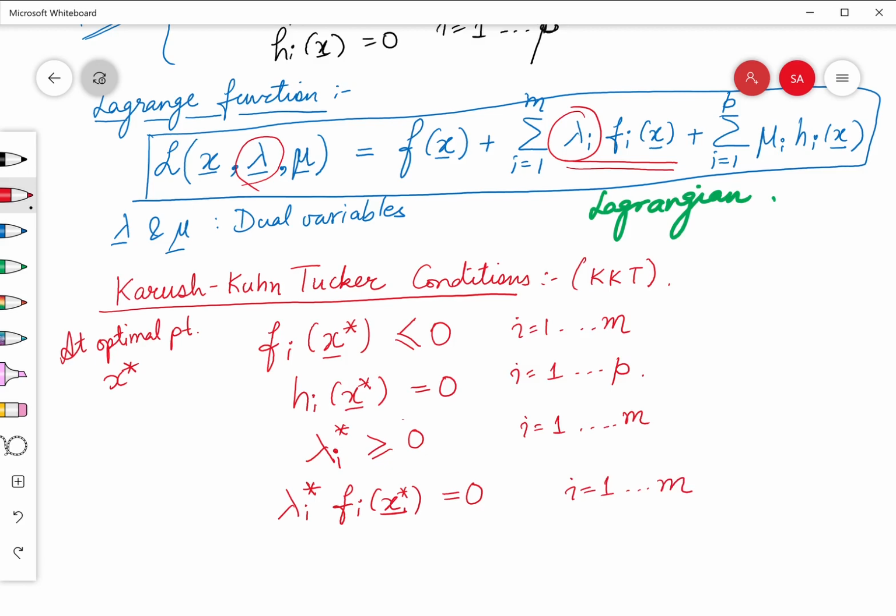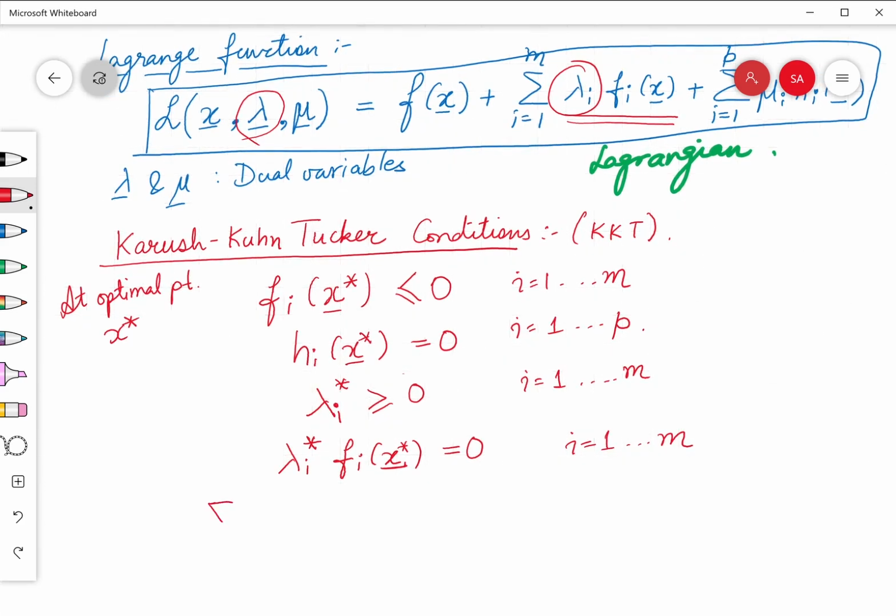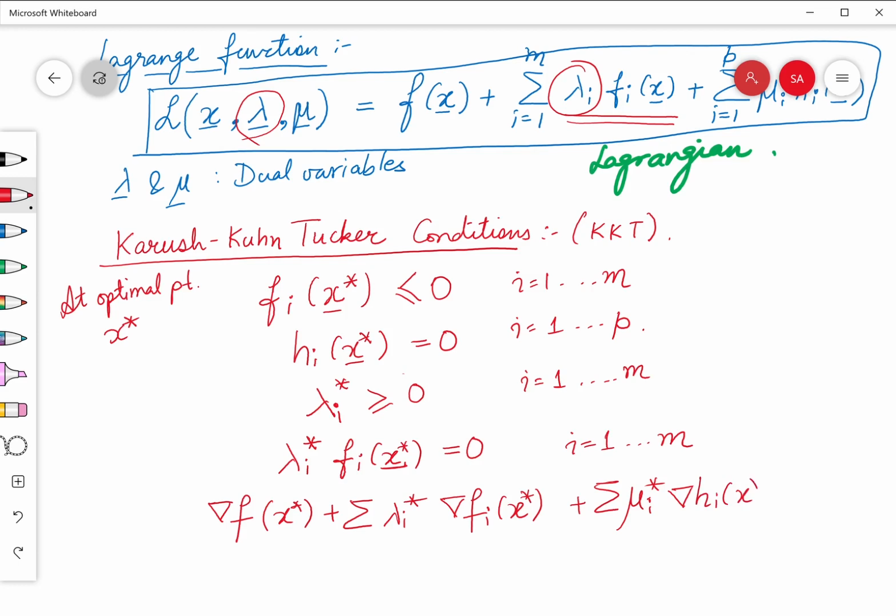And the last condition is gradient of f at x star plus summation lambda i star gradient of fi at x star plus summation mu i star gradient of hi at x star should be equal to 0.